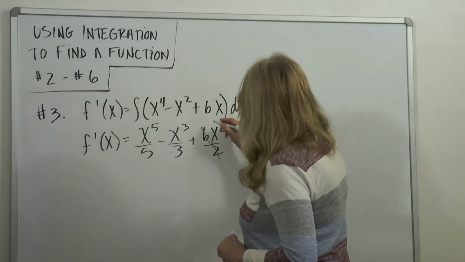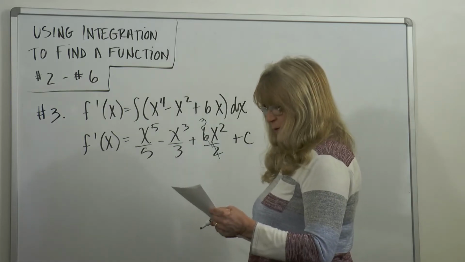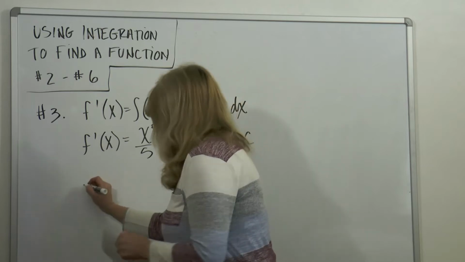And then I can reduce this, and that's a 3. Okay, and this problem, f prime of 0 equals negative 3.